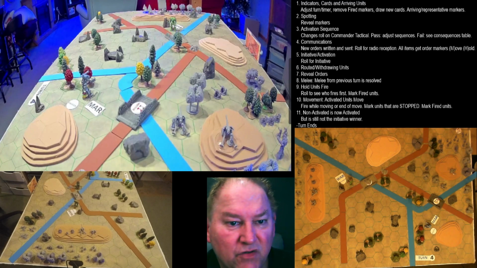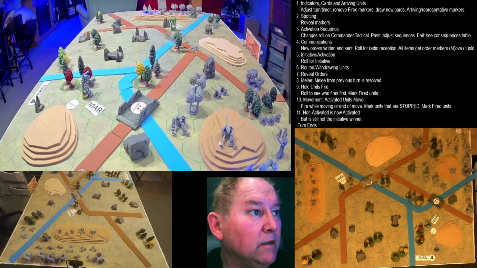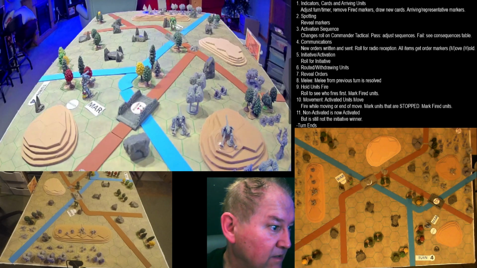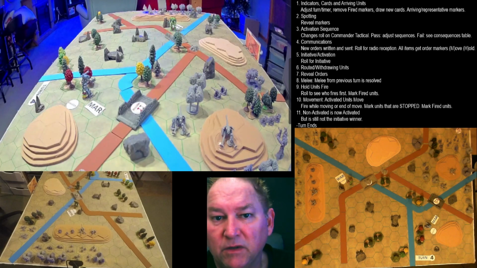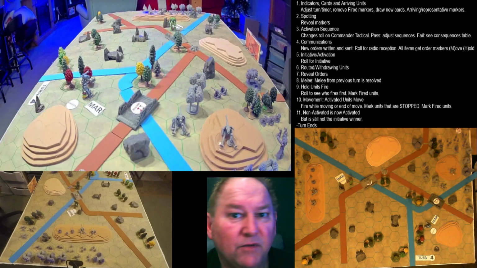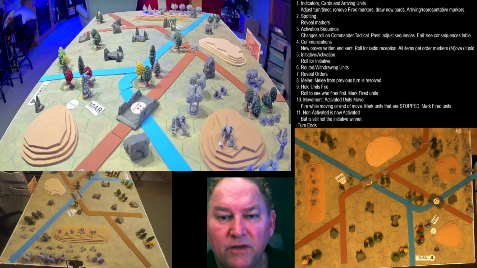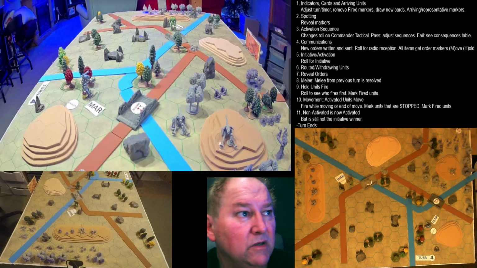Little tiny guns, you can't really see them, but they're present. They're basically the equivalent of light anti-tank guns, so 50 millimeter, like the German 50 millimeter, the American British Allied 57 millimeter, or the Russian 47 millimeter anti-tank guns.